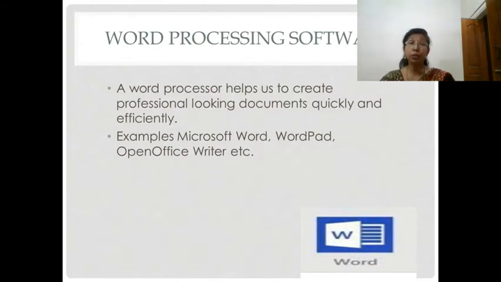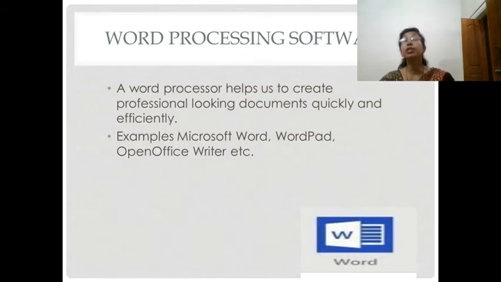So, a word processing software is used to type, edit, format and print text documents. You can also add some pictures into it. You can change the color of the page. Okay.